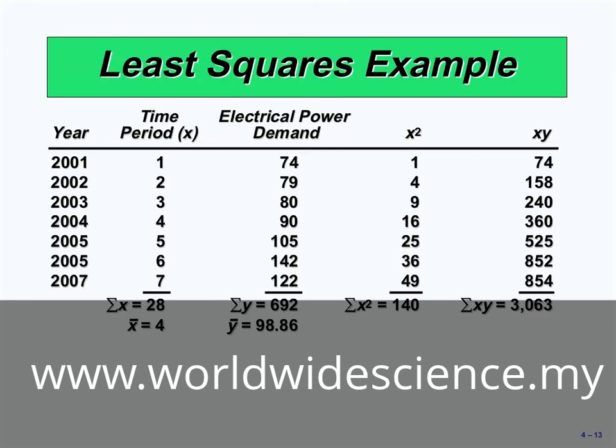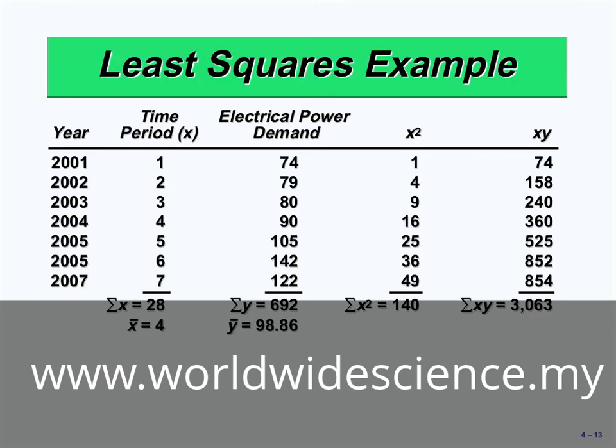After that, when you calculate sigma y, you should sum all of the y together. Y here is the item that we demanded, that we forecasted. Here in this example, y is demand and x is a year.